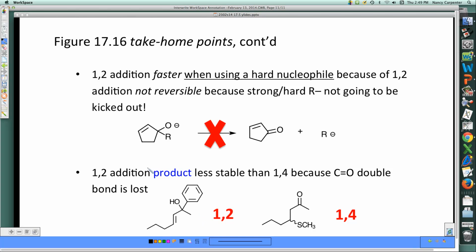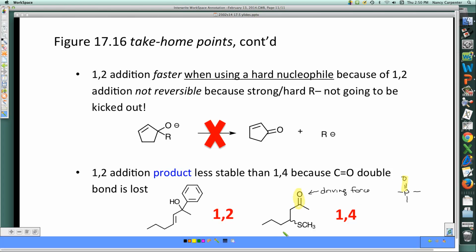But I will emphasize again and again that any kind of X=O double bond is a rock, a thermodynamic sink, a real driving force. Think about the Wittig and how the driving force for forming the alkene was the formation of the phosphorus-oxygen double bond.